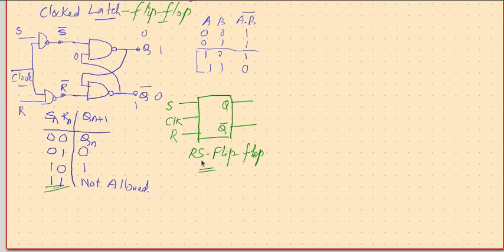But this problem is definitely a big problem, so we want this to be avoided, and we find some means to avoid this. So we come up with new models of so-called flip-flops, and that is the matter to be discussed in our coming sessions.